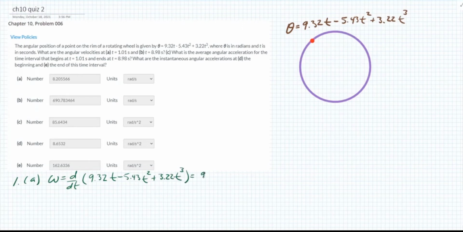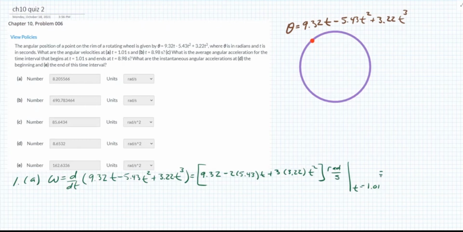It's going to be 9.32 minus 2 times 5.43 t plus 3 times 3.22 t squared. And I should include radians per second. Then I'm evaluating this at time equals 1.01, and then again at 8.98. And then we'll get into the slight variation here.